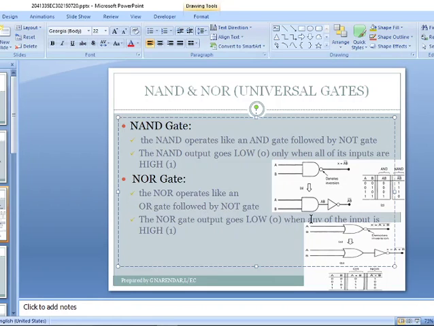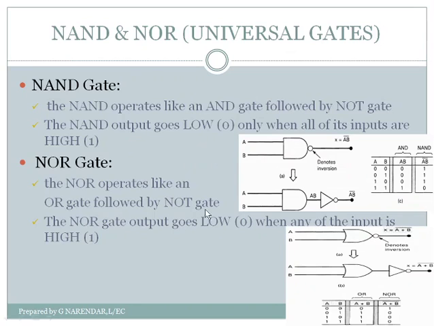The NOR gate output goes low when any of the inputs is high, so I can say that the NOR gate output goes low, that is these last three cases, when any of the input is high.